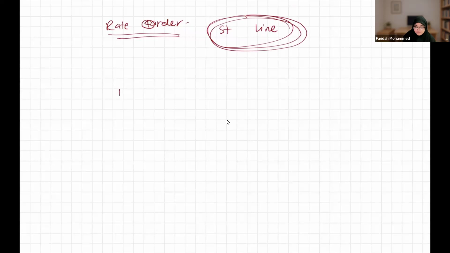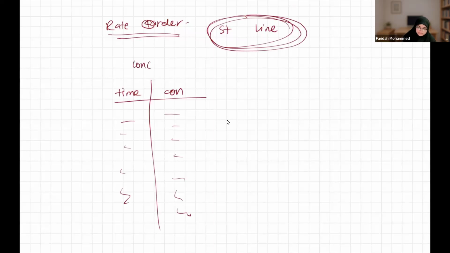You're going to be given time versus concentration, but you have to draw 3 graphs. You can use your calculator to draw 3 graphs. One is concentration versus time. The other is ln concentration versus time.